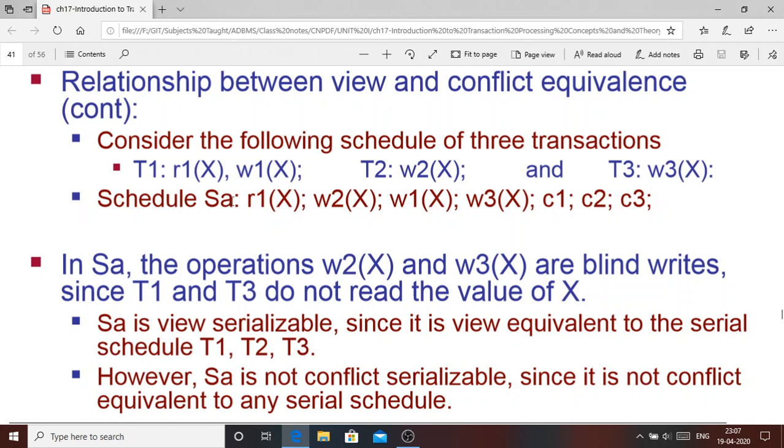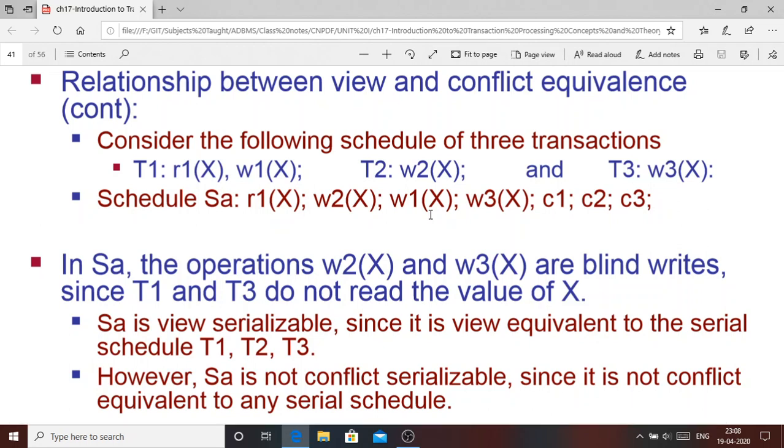R1X and W1X are not conflicting because the same transaction is operating. For conflicting, the operations must belong to different transactions. Now W1X is followed by W2X here, but in schedule A you see W2X is followed by W1X. The order is not the same, so they are not conflict equivalent.